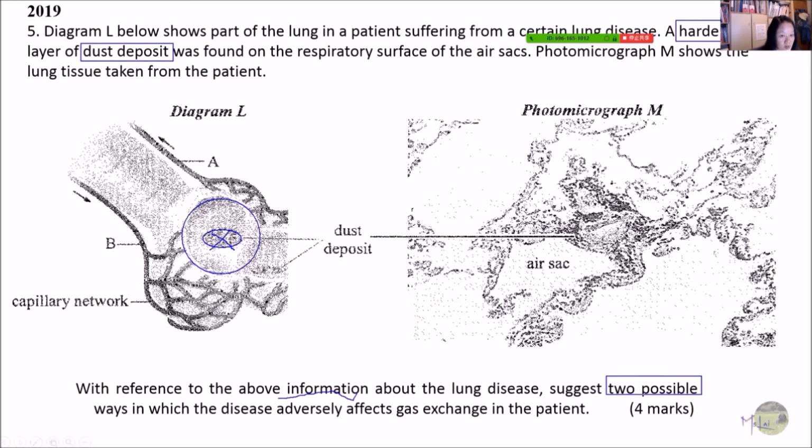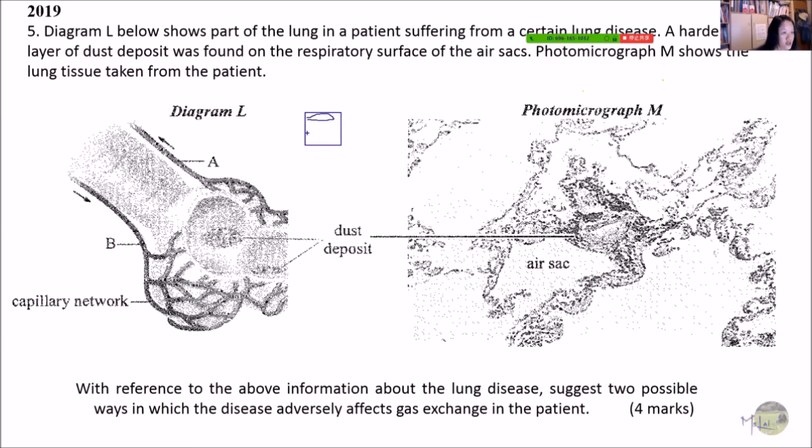Suggest two possible ways in which the disease would affect the gas exchange. Two possible ways. First of all, what happens to the surface area? The surface area reduces. How about the diffusion distance? We have two layers of cells.